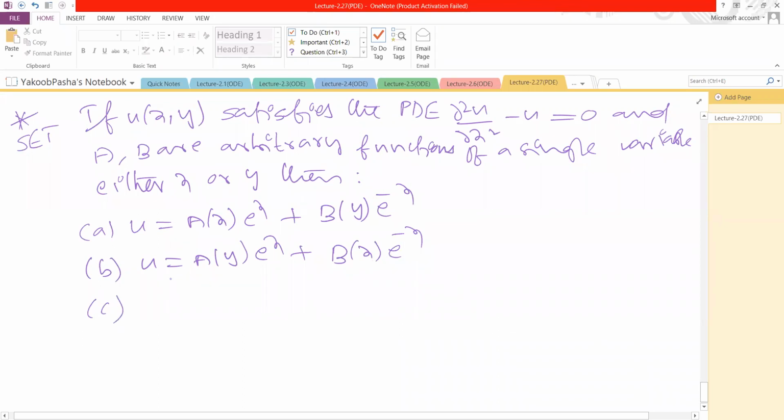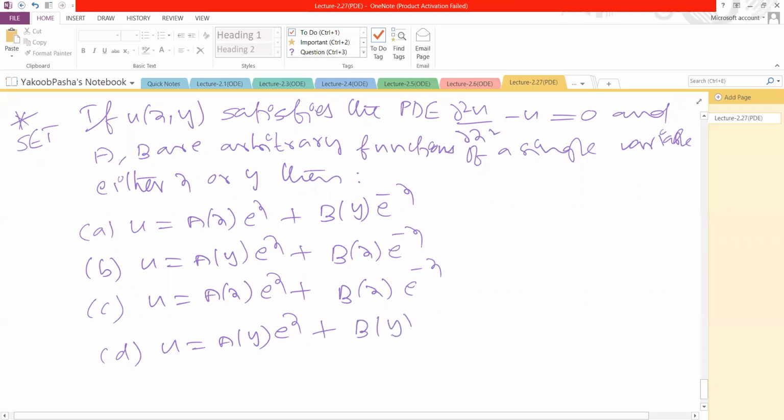Option C is u equal to A of x into e to the power of x plus B of x into e to the power of minus x. And option D, u is equal to A of y into e to the power of x and B of y into e to the power of minus x. The e power x, e power minus x are all the same, just the functions A and B change.